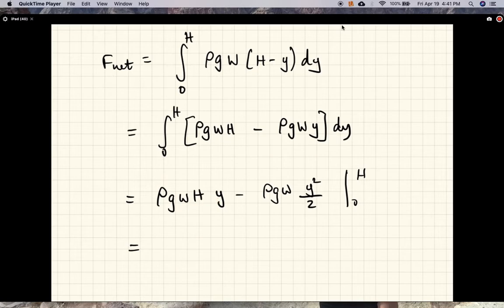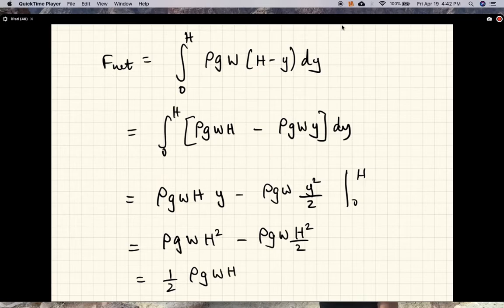So the first term is rho g w H squared and the second term is rho g w H squared by 2. So the net is rho g w H squared by 2.